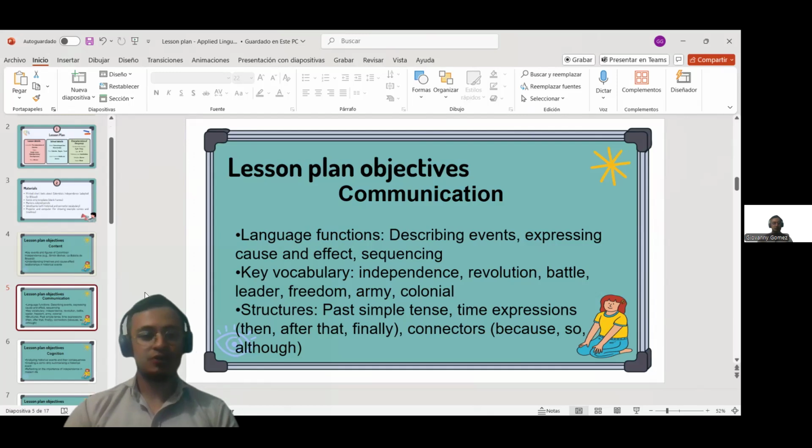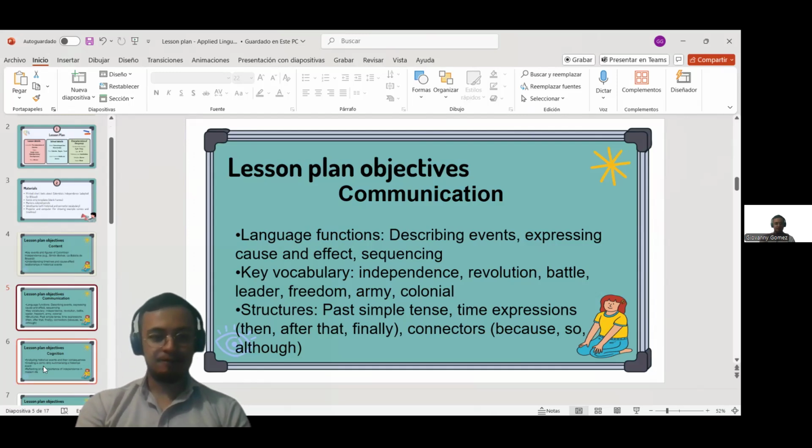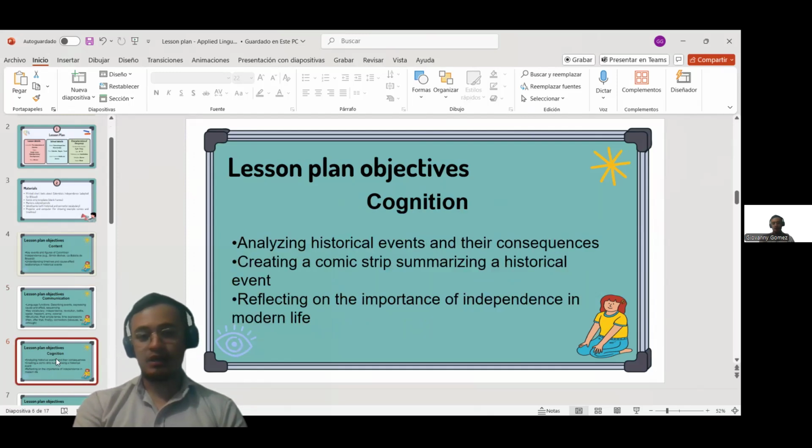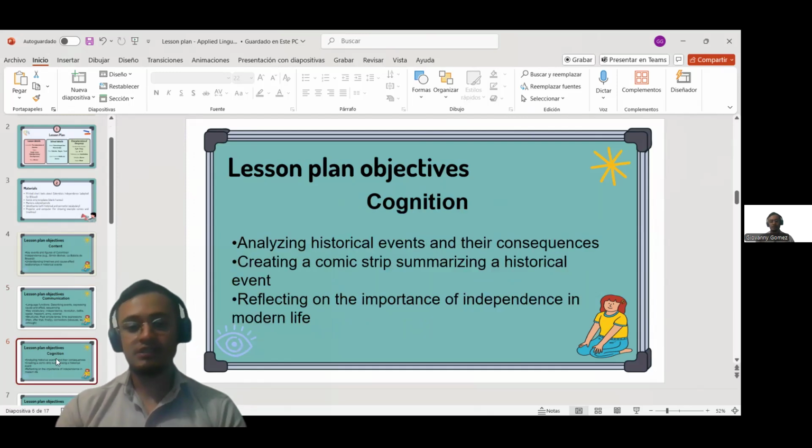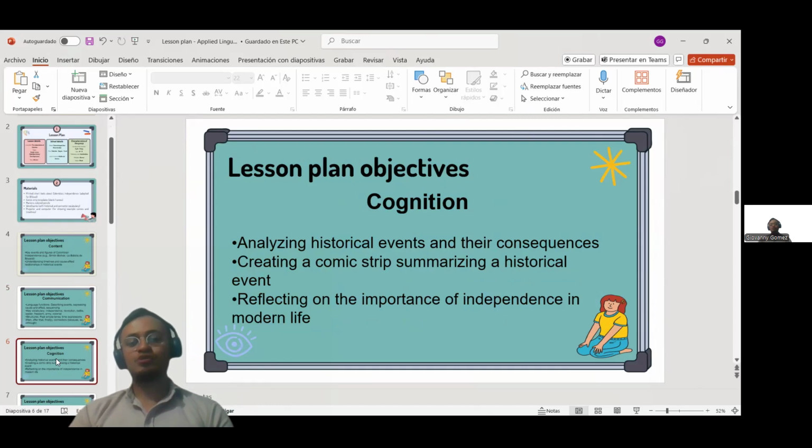And of course, they will be able to apply simple past and simple present tenses. They will be able to use connectors and different time expressions depending on the class. They will be able to analyze historical events and their consequences.